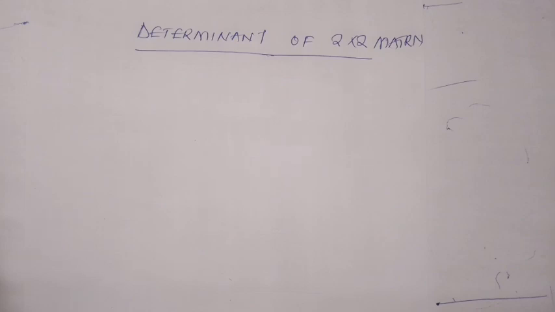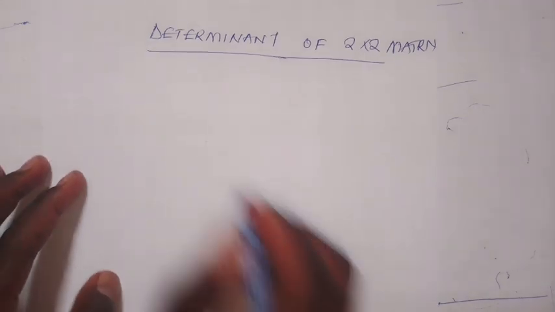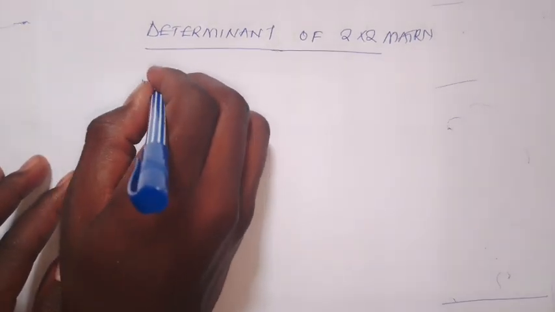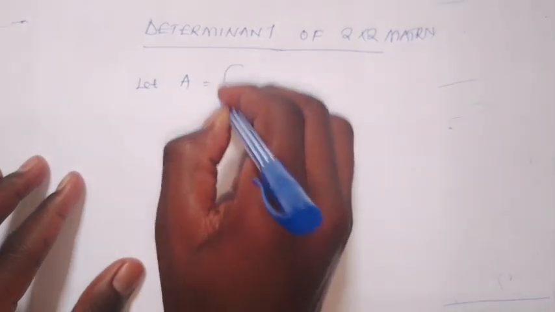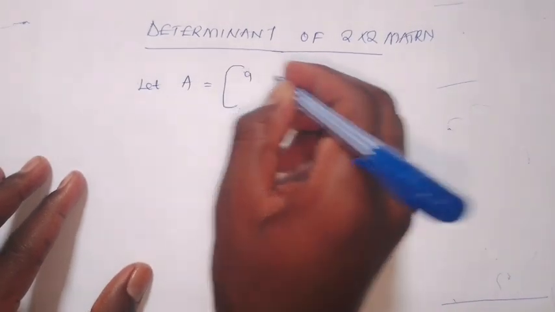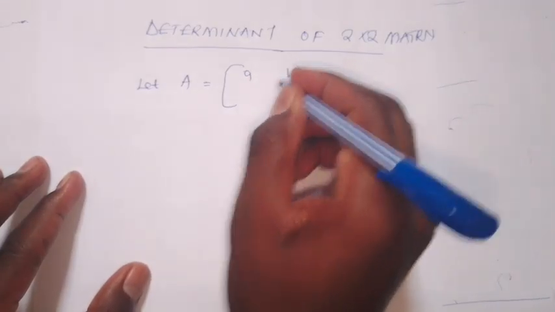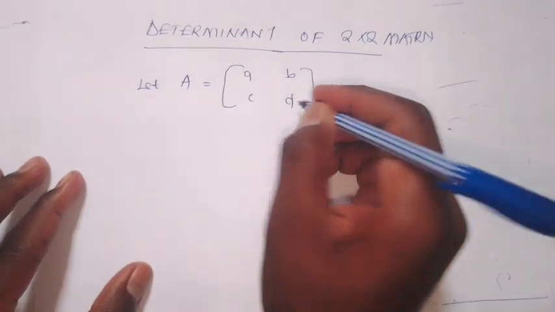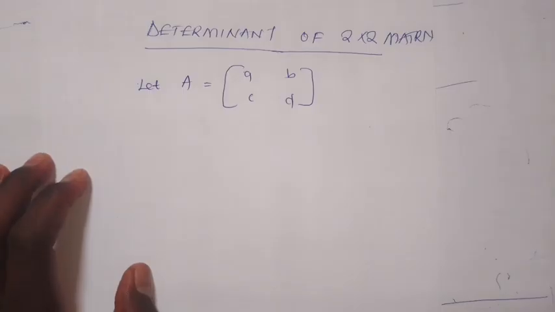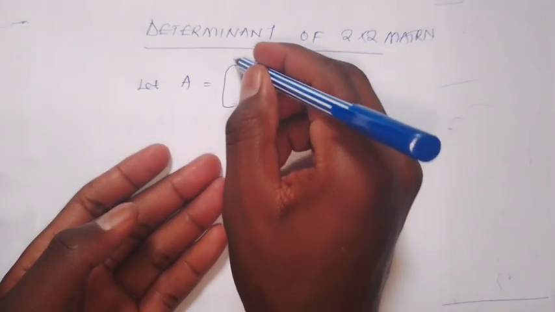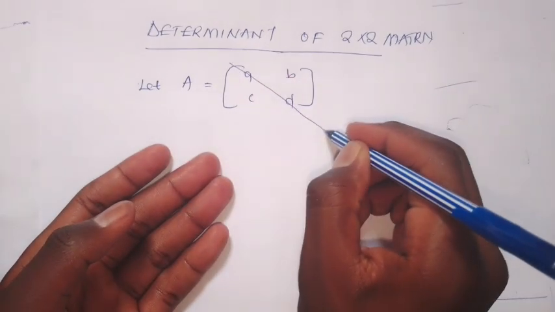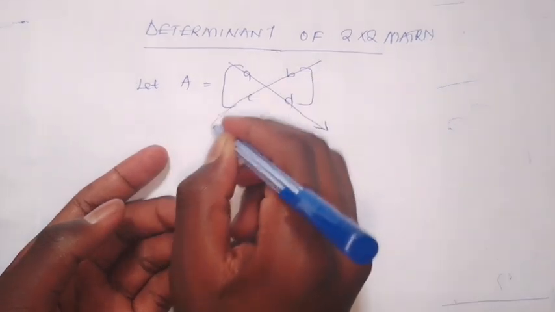Okay, what are we saying? So let A be equal to, let's say for example, we have A, B, C and D. So in this case, which one is our major diagonal and which one is our minor diagonal? Okay, so diagonal lines look like this. This is how we write diagonal lines.